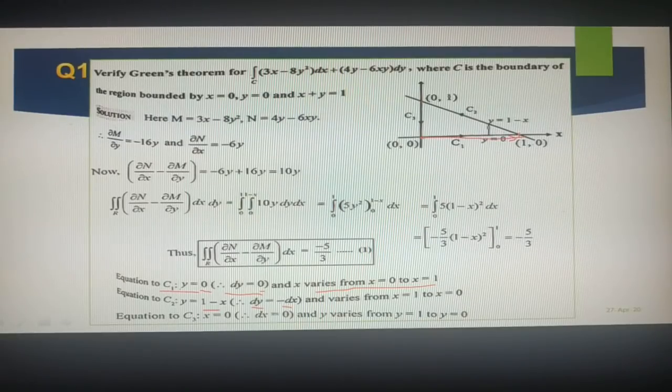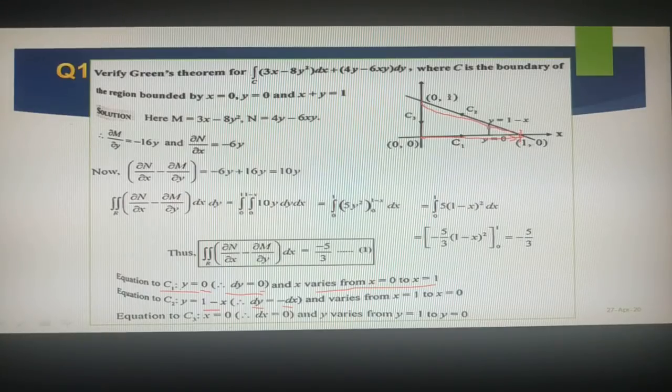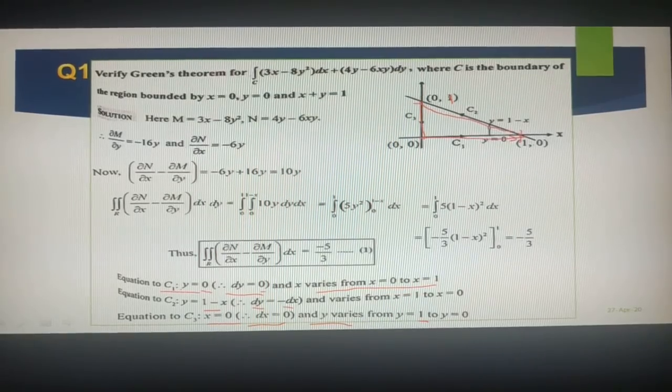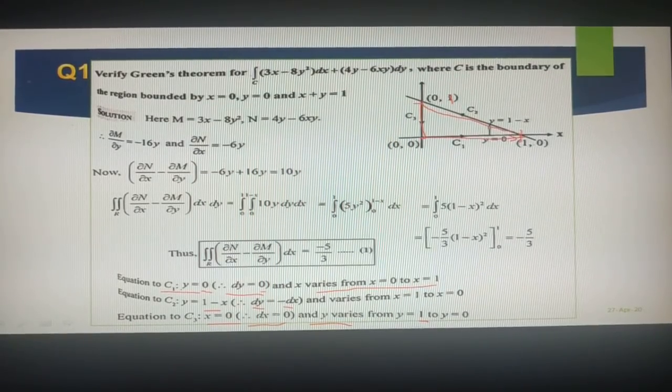On this line, x is starting at 1 and reaching 0. Similarly, this is your C3, which is nothing but the line x equals 0. Therefore dx is equal to 0, and on this line y is changing from 1 to 0. Be careful while taking these limits, because we are finding it along the curve.